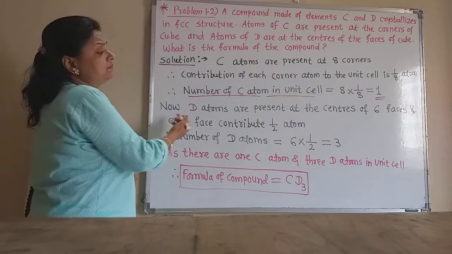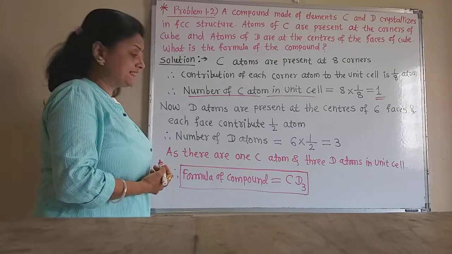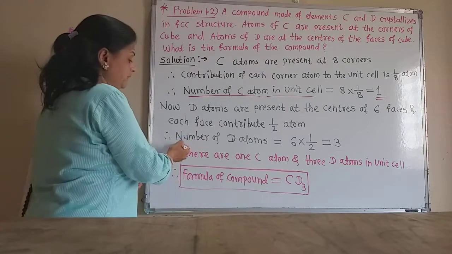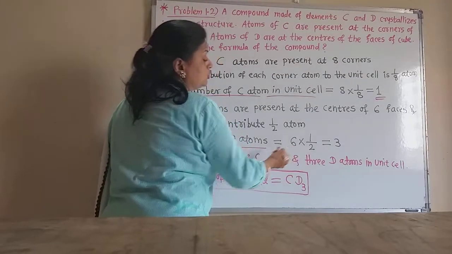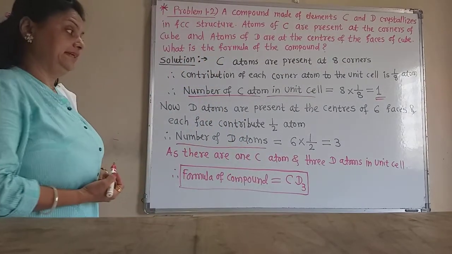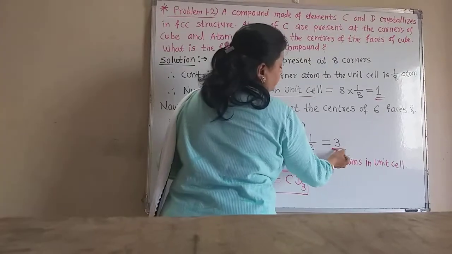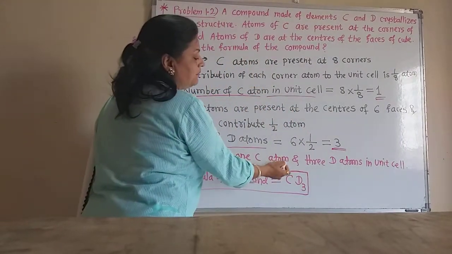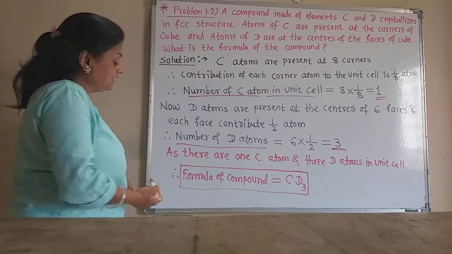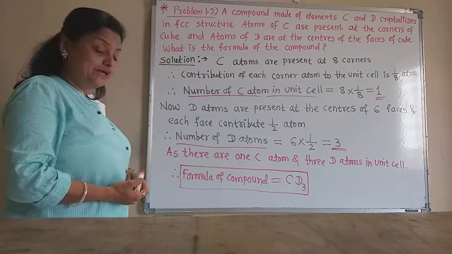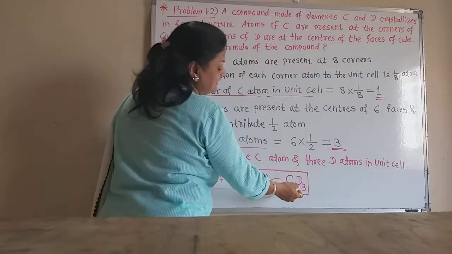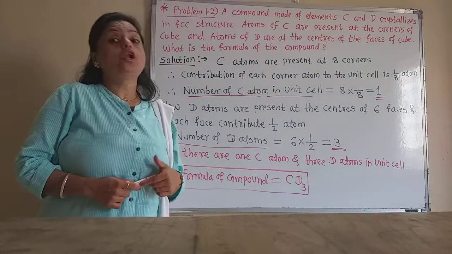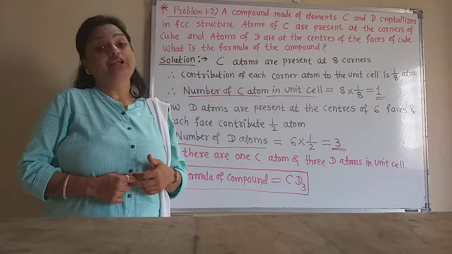Now, D atoms are present at the centers of 6 faces. Each face contributes 1/2 atom. Therefore, the number of D atoms is equal to 6 into 1/2, that is equal to 3. And as there is 1 C atom and 3 D atoms in the unit cell, the formula of the compound is CD3.